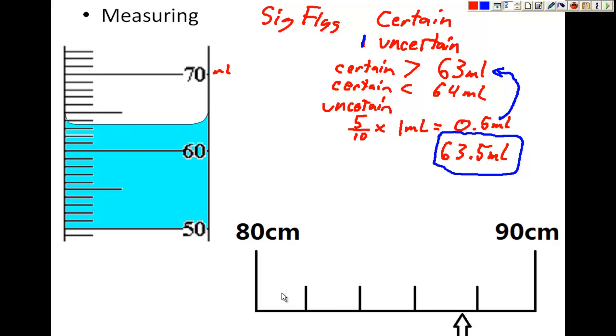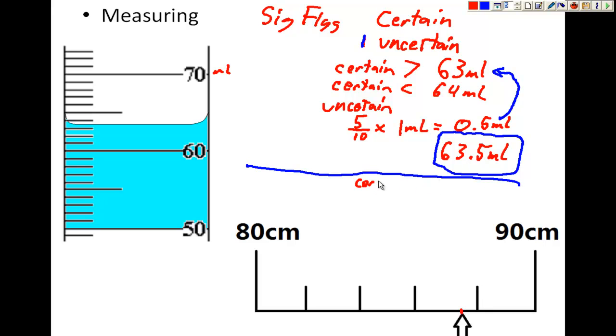Now, let's take a look at our ruler right here. So here it is, our object reaches a length of right about to there, and we see that it's definitely going to be greater than this subdivision and less than this subdivision right here. So again, we're going to do the exact same layout and write down what are we certain about.